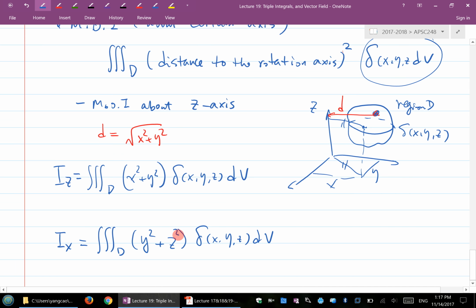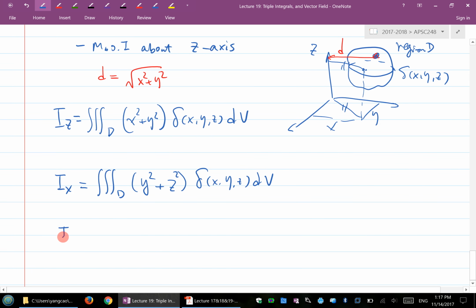Similarly, the moment of inertia about the y-axis will be x squared plus z squared. That's the moment of inertia. And often, if you look at tables, they will give you some very special moments of inertia for a 3D object.